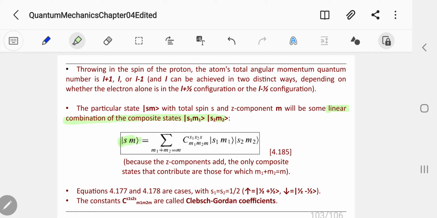This is a linear combination, and it is given by the Clebsch-Gordan coefficients.